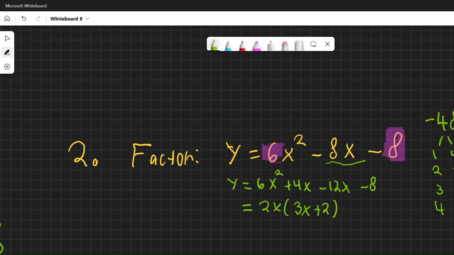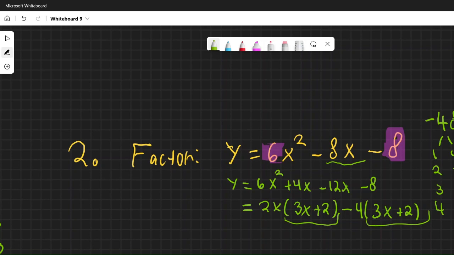And then for negative 12x and negative 8, the common factor would be negative 4. So we'd have negative 4 times 3x plus 2. Oh, actually it did work here. My mistake. We have these two brackets that are both the same.